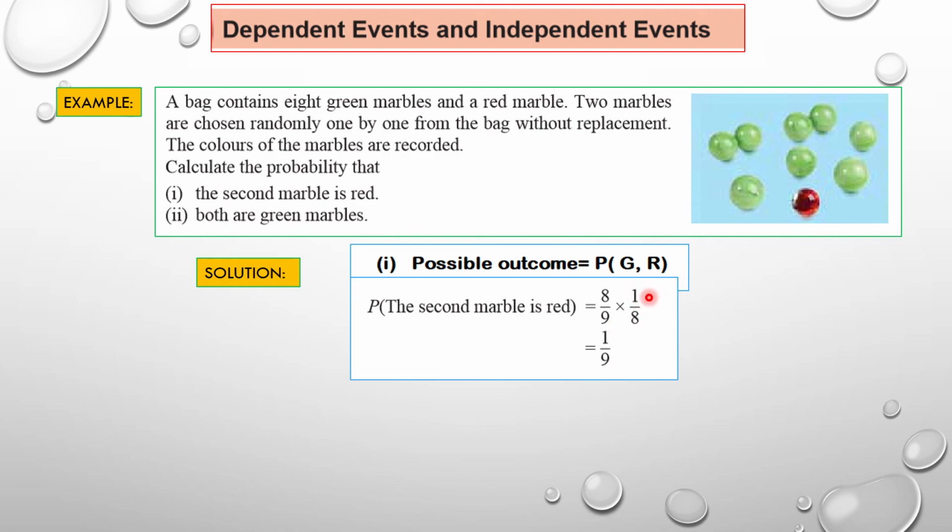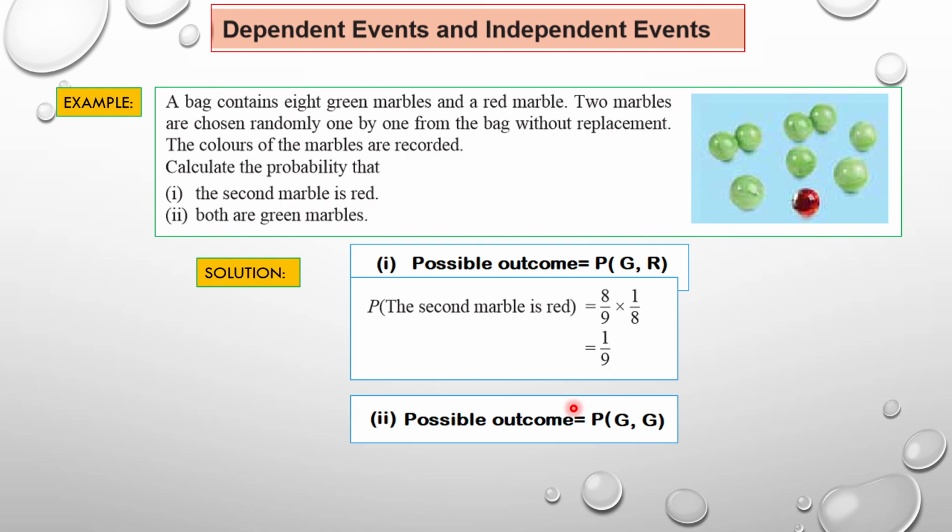For the second event, we want red marble, so red we have only 1 and total marbles left only 8 now, because we didn't replace the first marble back into the bag. Okay, so you calculate this and you will get the answer as 1 over 9.